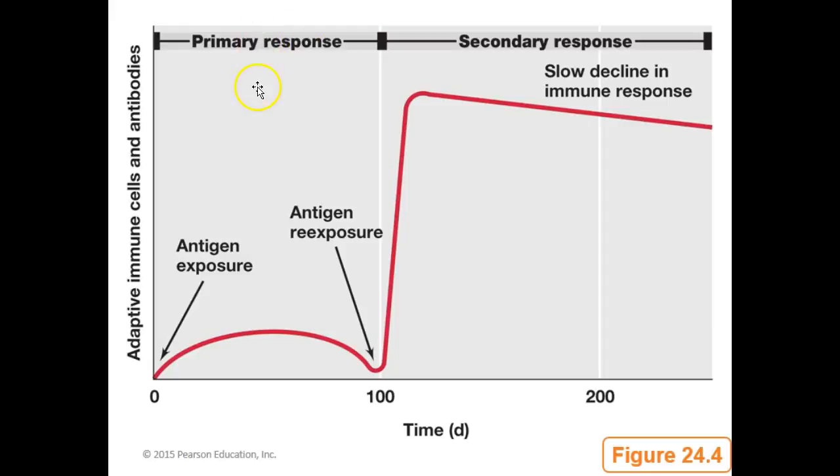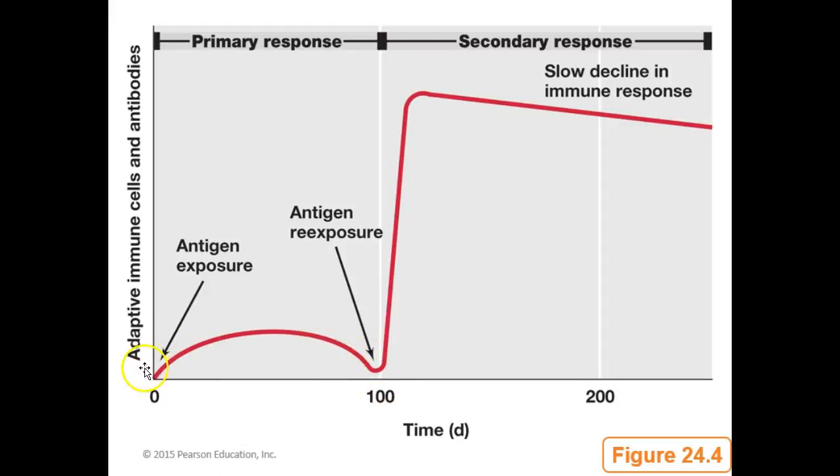So this is sort of what it looks like in the B cell response. Here's the primary response. Here's the secondary response. And what we're looking at is antibody in the blood or lymph. So you have an event where a B cell is stimulated to present antigen to a T cell, and that B cell goes through a recognition phase and starts making antibodies, and the body is cleared from infection, right?